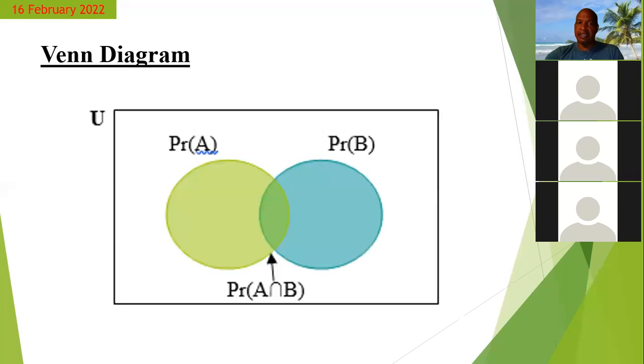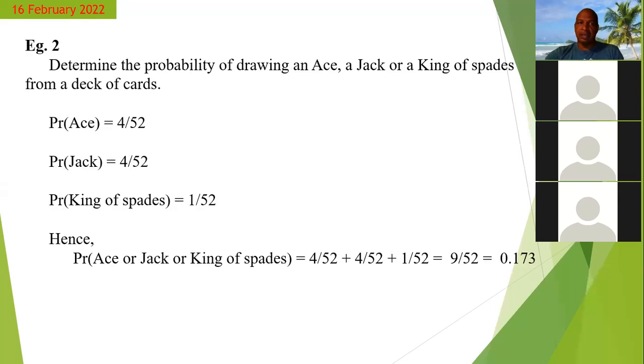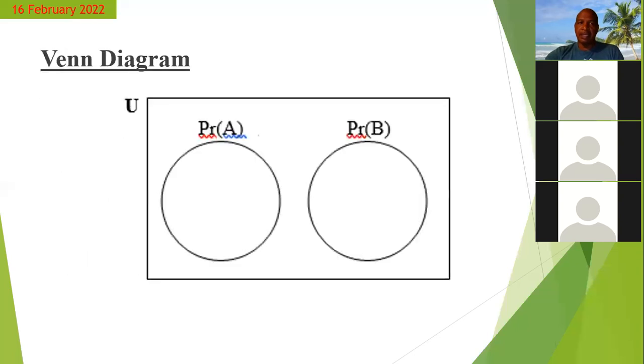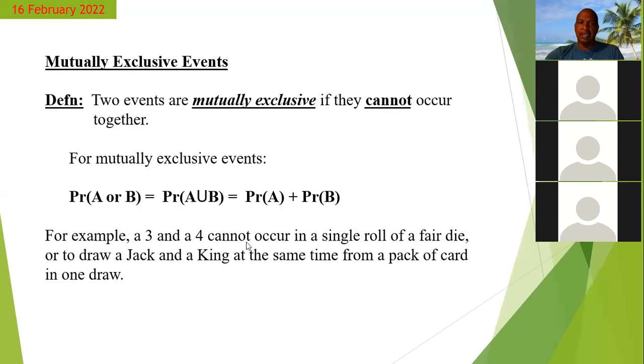All right, so let me see if I can go back to them. All right, so here, in this case, we refer to this as mutually exclusive events. And based on the definition here, we said two events are mutually exclusive if they cannot occur at the same time.